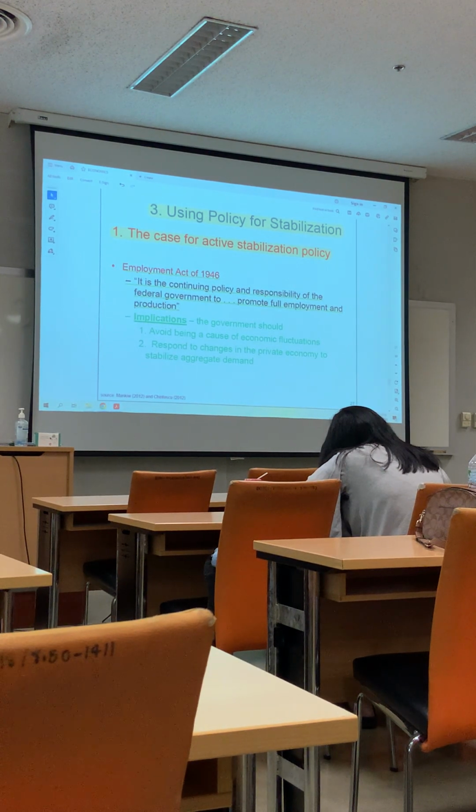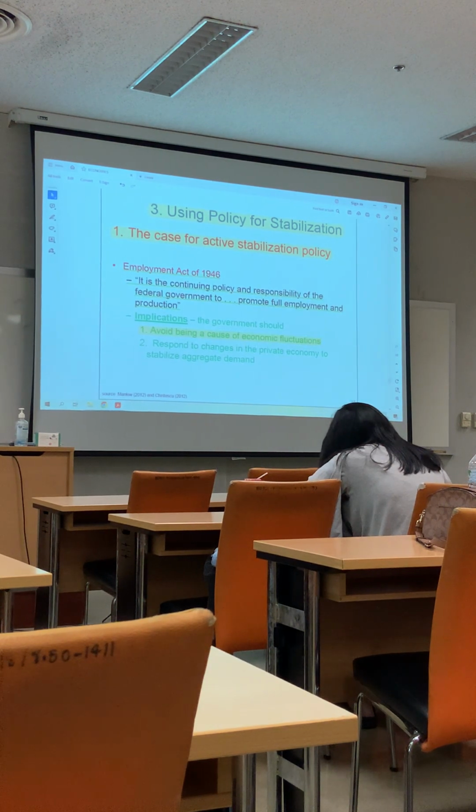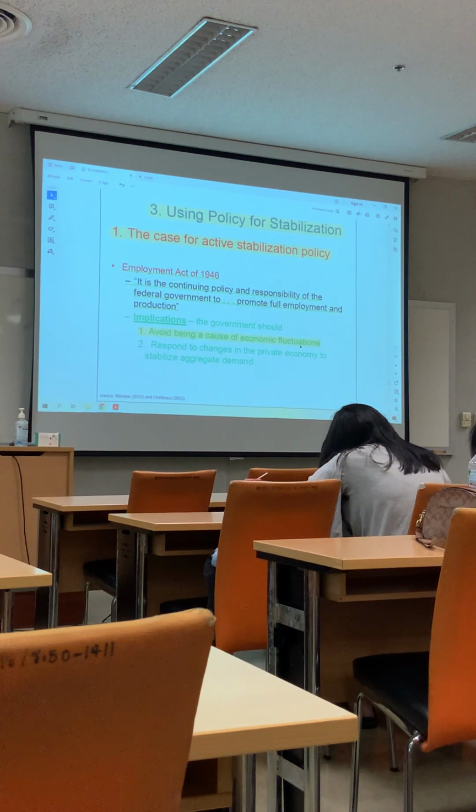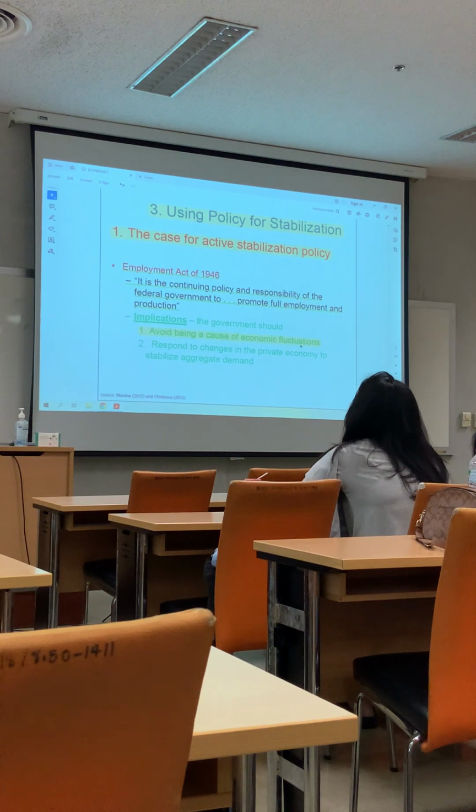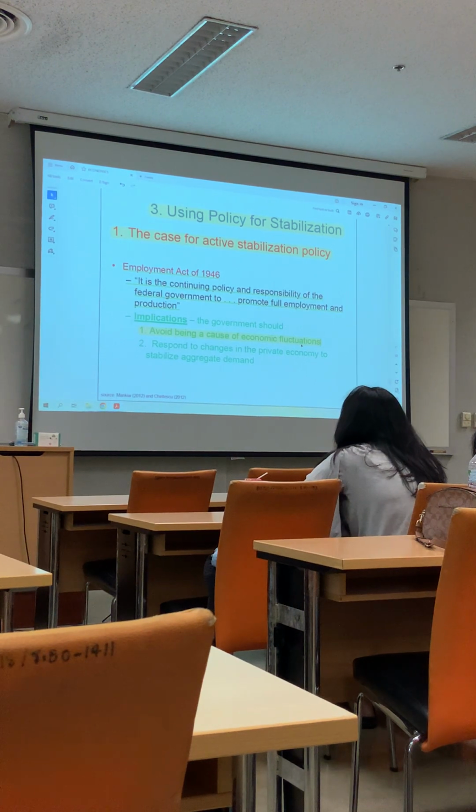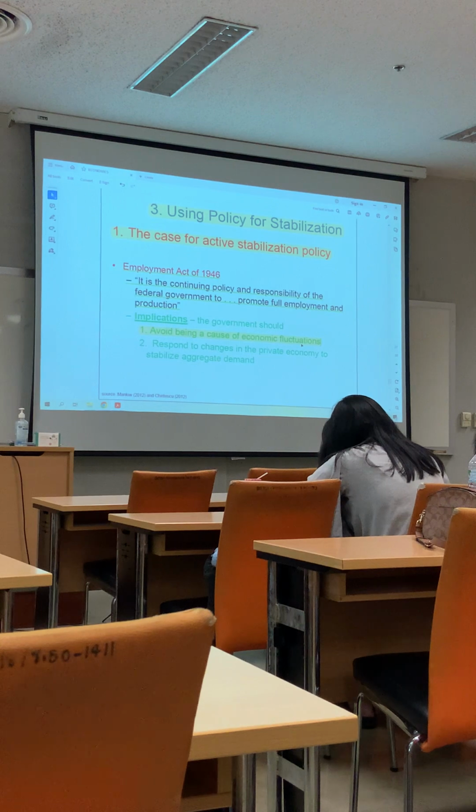The first reason is that they say it's written in the law that the government should promote full employment and production. So it means that the government should avoid causing economic fluctuation because it's written in the law. It is a duty of the government to stabilize the economy. Why would you just ignore that? Because it's your duty. You should do that. So the first reason is that it's written in the law.